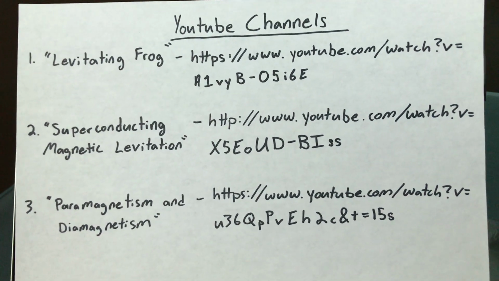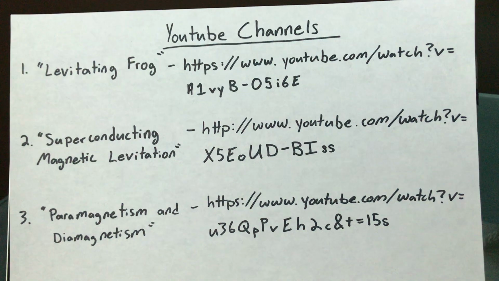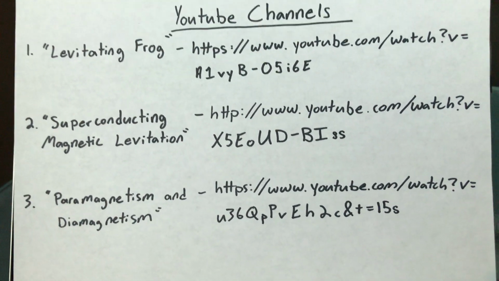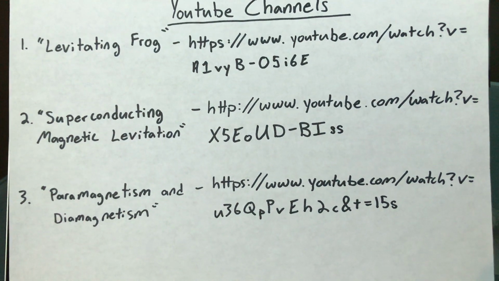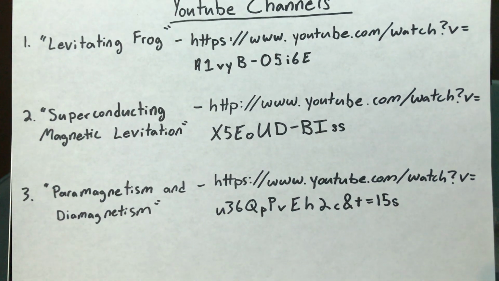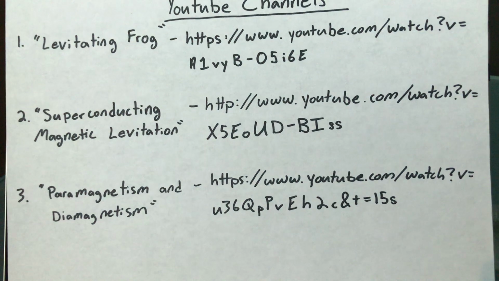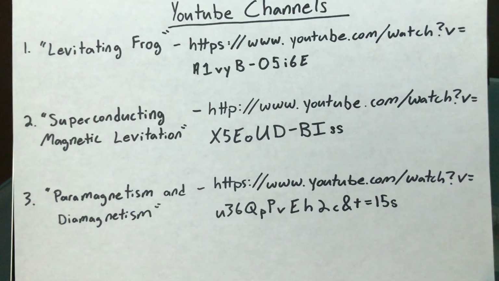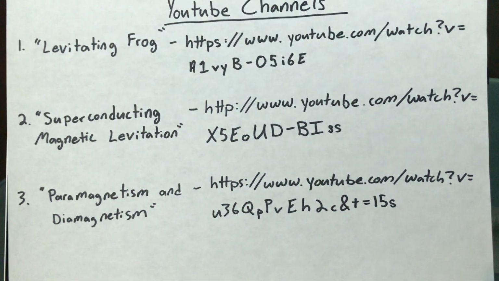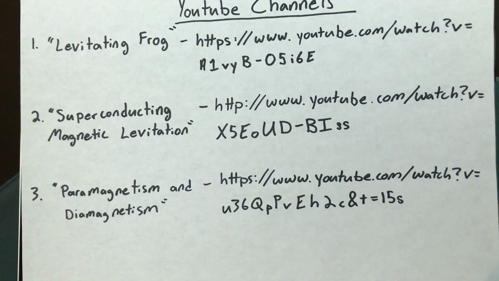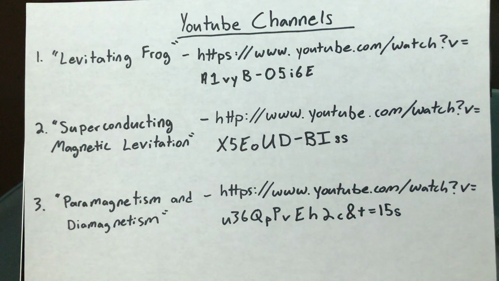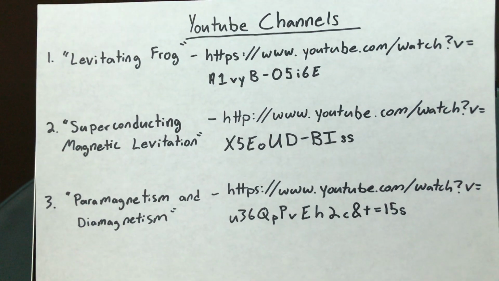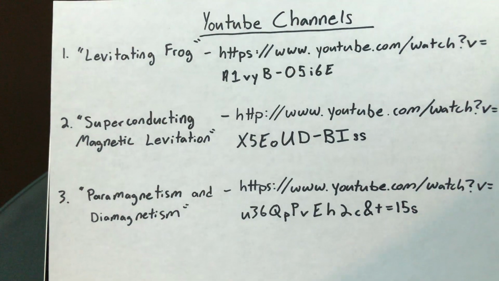If you want to see that superconductor train, not necessarily a train, but that little puck on the track that I drew out, you can go to the second URL. And if you'd like to see oxygen levitate and more explanation of the differences between paramagnetism and diamagnetism, you can go to that third URL. There's also a little makeshift sailboat the guy makes, and he uses bismuth to set sail.